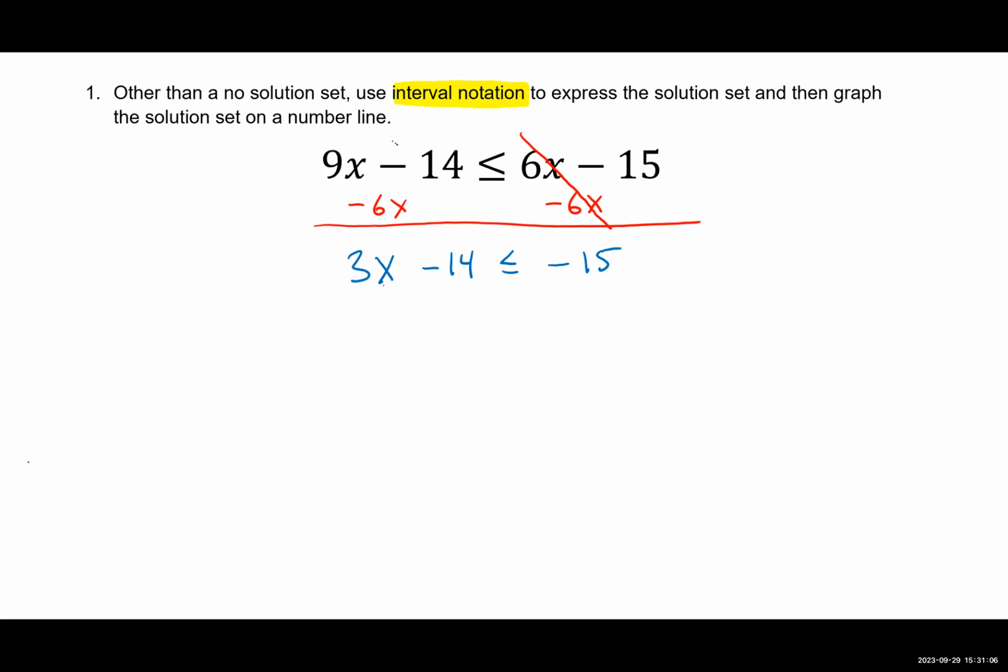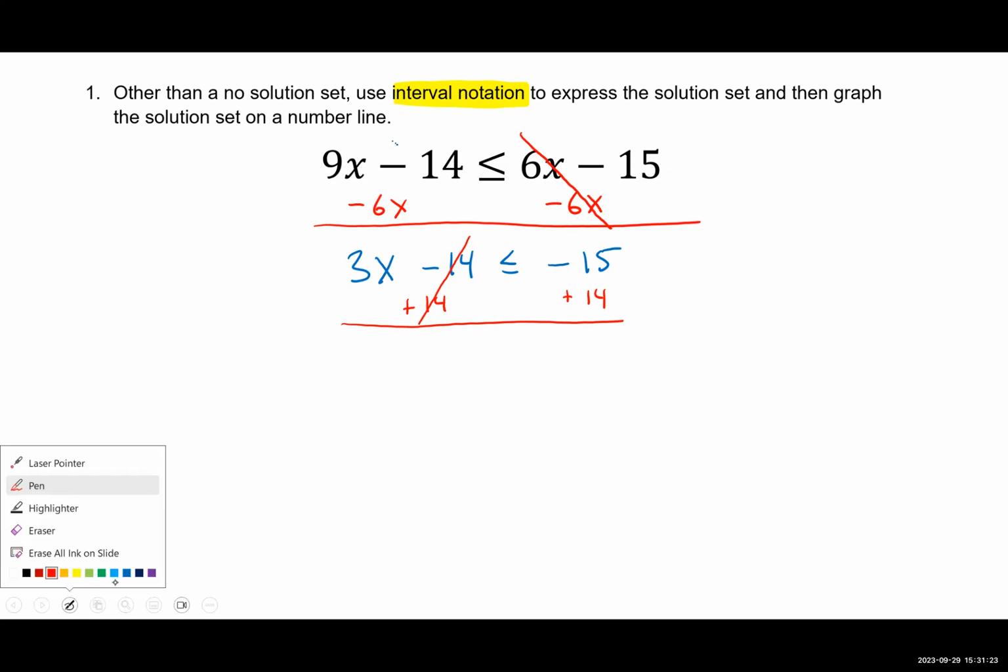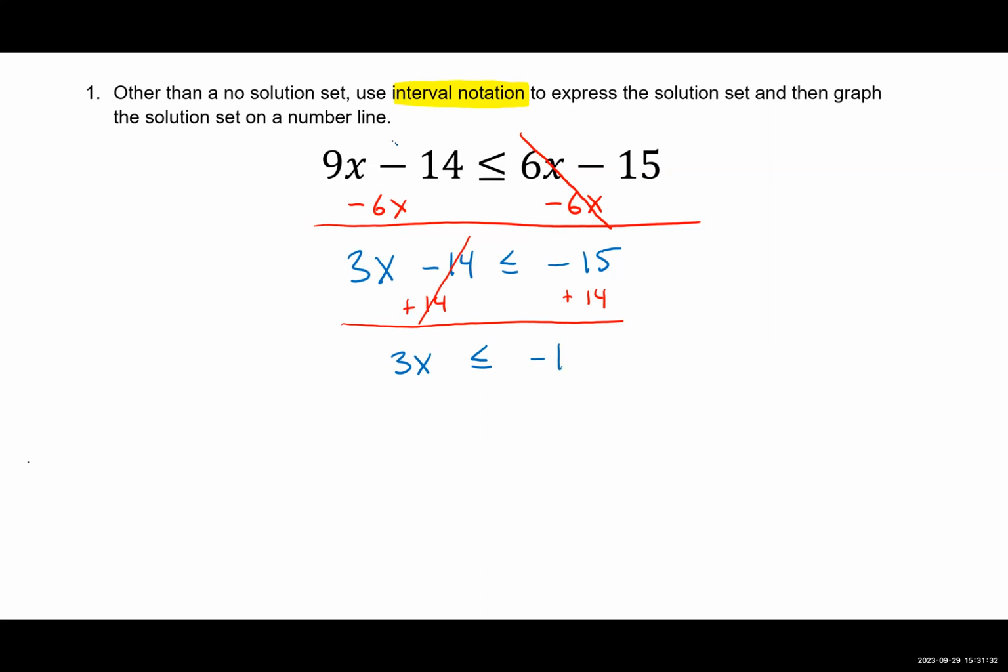Our goal is to get x by itself, so we could add 14 to both sides. It's taking us one step closer to isolating the x. Add 14 to both sides. That'll cancel the minus 14, which is what we want. Okay, so we still have 3x is less than or equal to negative 15 plus 14, which is negative 1.